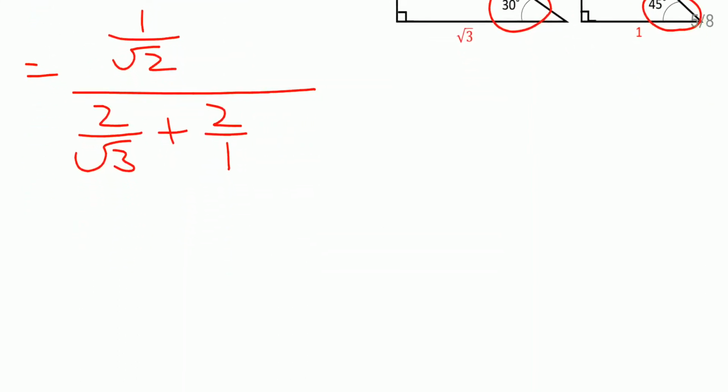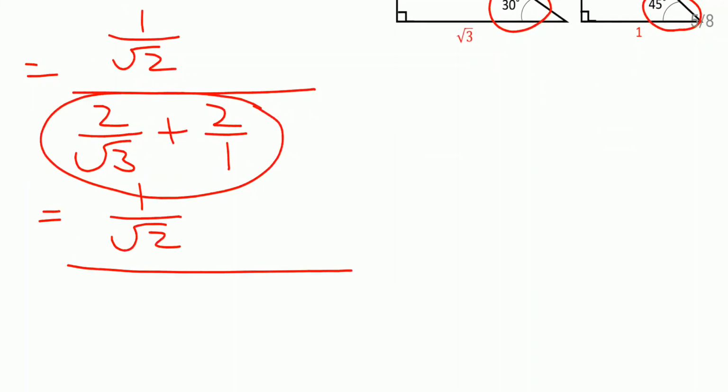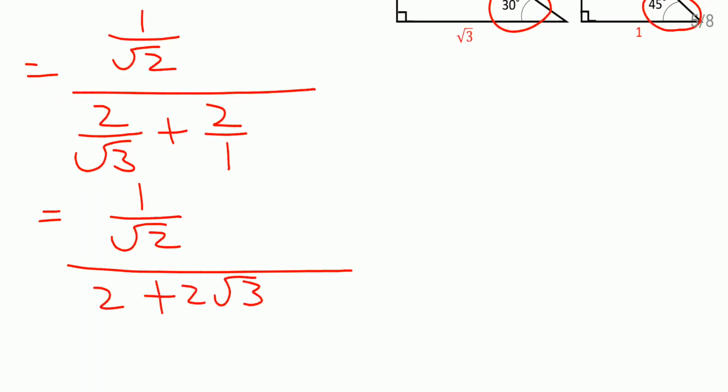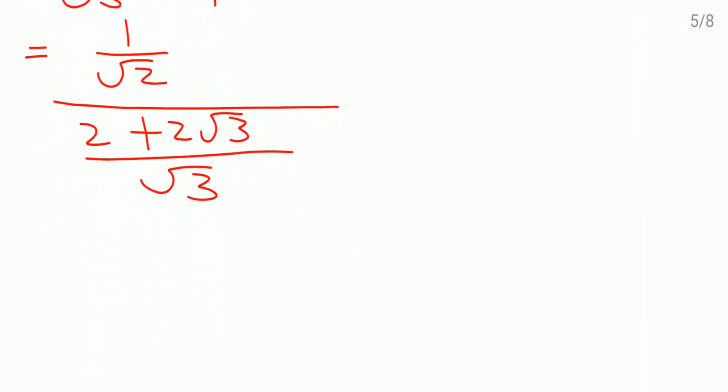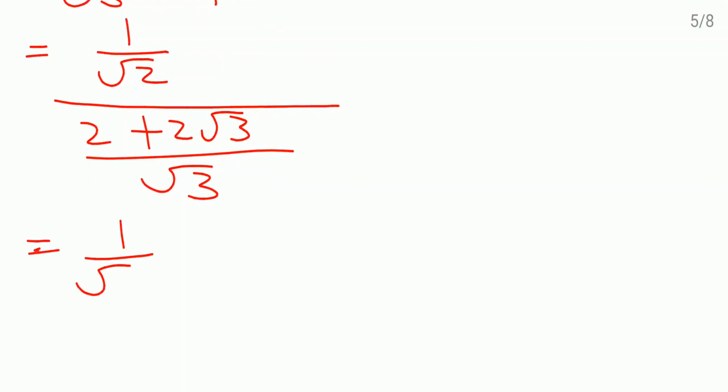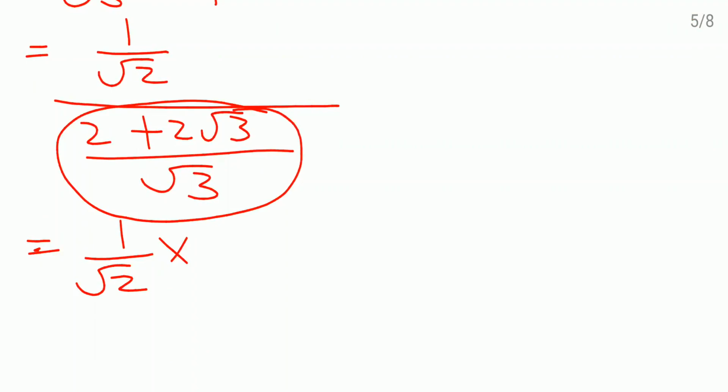Here we'll keep the numerator as it is. 1 upon root 2. And at the denominator at this place here, we will do the LCM. So 2 plus 2 times root 3 divided by root 3. Okay. Now here 1 upon root 2 I will keep as it is, and then this number I will make the reciprocal by removing this division sign.